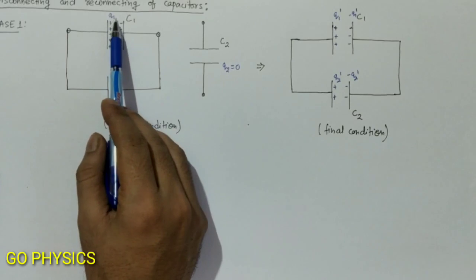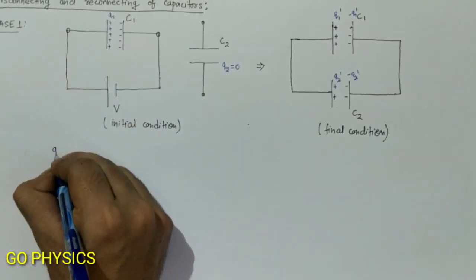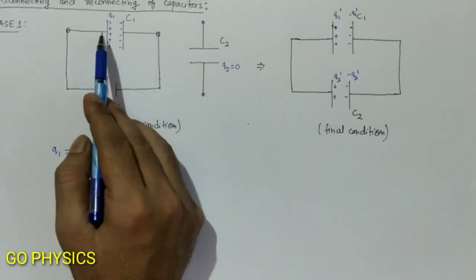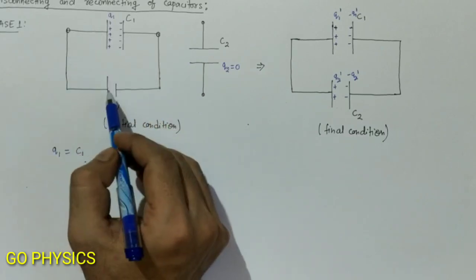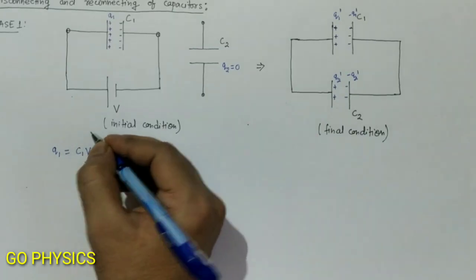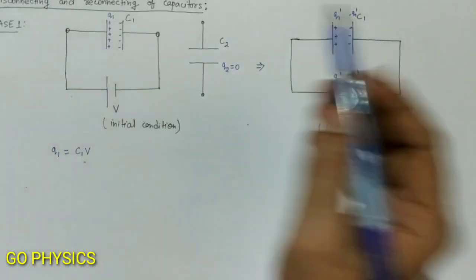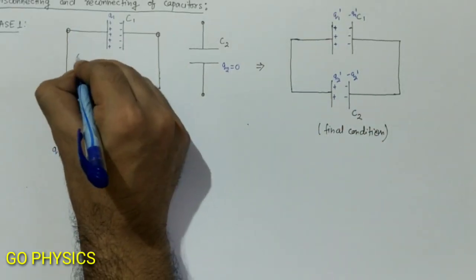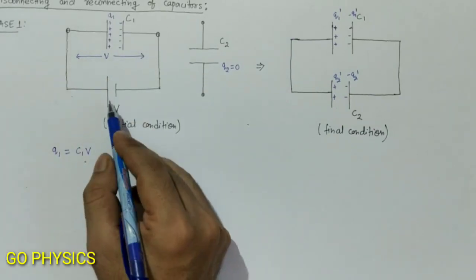So if we want to know the magnitude of Q1, Q1 equals C1 into V1, that is the voltage across capacitor 1. And what is the voltage across capacitor 1? This is the total voltage of the battery. So Q1 equals C1 into V. This is the initial charge present on the capacitor, and initially the potential across the capacitor is V, that is the voltage of the battery.